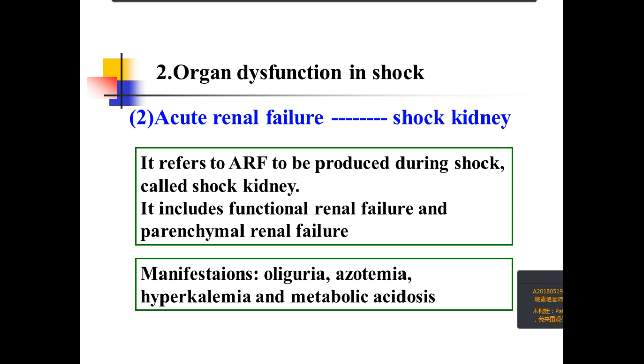Cell necrosis will block the tubule, so it also leads to urine decrease. Now, urine decrease, so the next will lead to release of potassium decrease or increase?